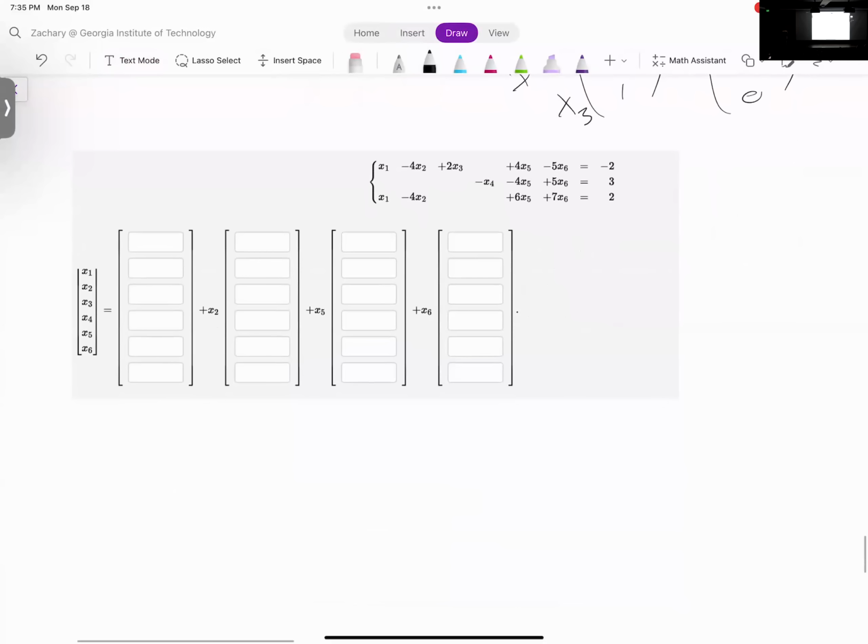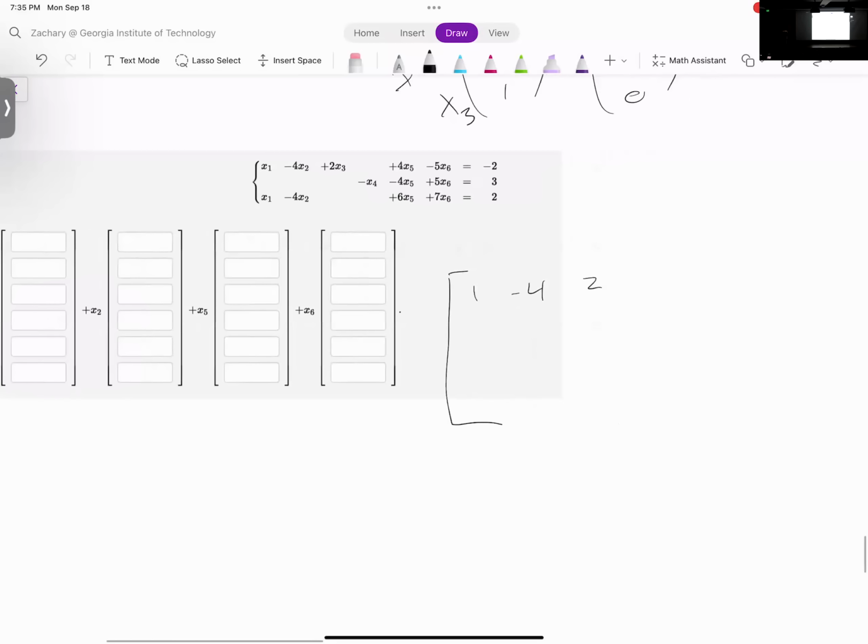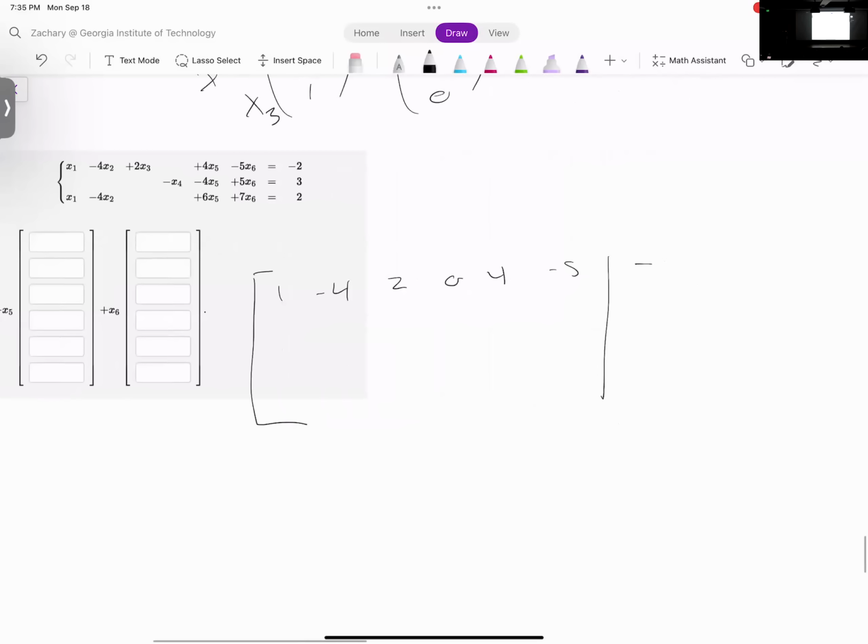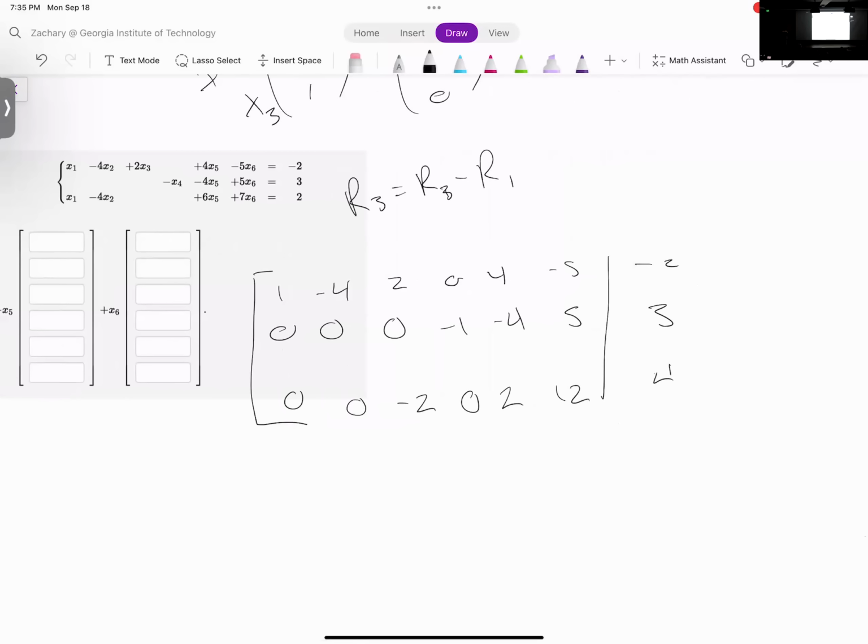Row reduce. Okay, so I'm going to get 1, -4, 2, 0, 4, -5 augmented with -2. 0, 0, 0, -1, -4, 5, 3. And I'm going to take row 3 minus row 1. Okay, 0, 0, -2, 0, 2, 12, 4.